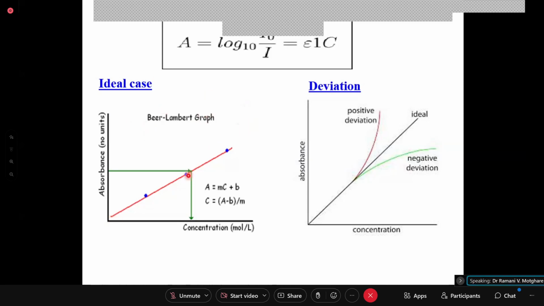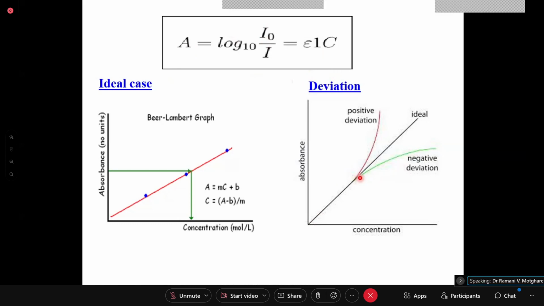According to Beer's-Lambert's law, whatever be the concentration, even at higher concentration, it should show a linear increase, but it is not so. At higher concentration, Beer's-Lambert's law is not valid. Many times it shows a negative deviation, some of the time it shows positive deviation. At higher concentration, it does not remain ideal.